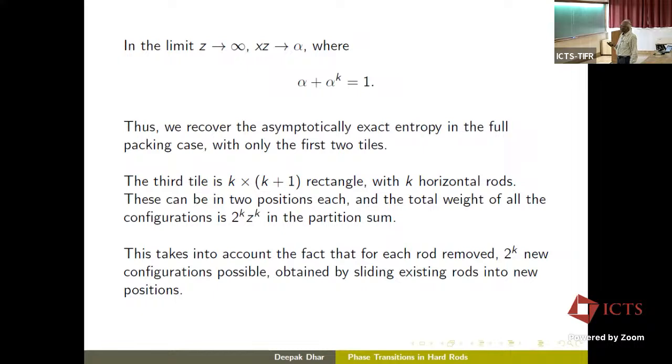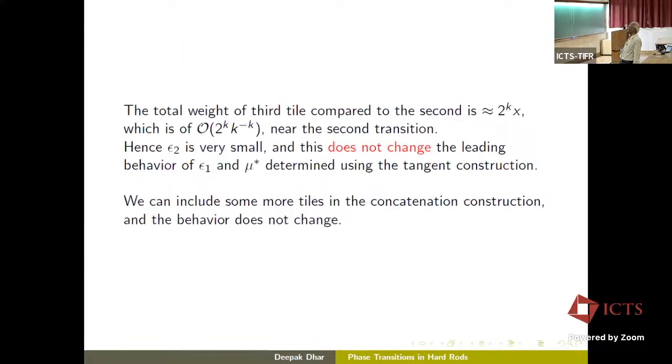Its effect is 2 to the power k z to the power k in the partition sum, 2 to the power k z to the power k x. But it takes into account the fact that for each removed rod, there are 2 to the power k new configurations possible. So once I remove a rod, there is a lot of freedom to reconfigure the existing rods, and we are taking care of this correction.